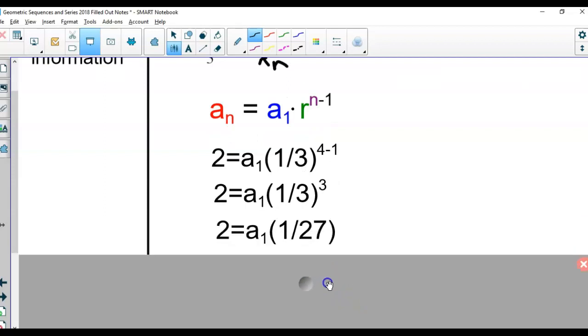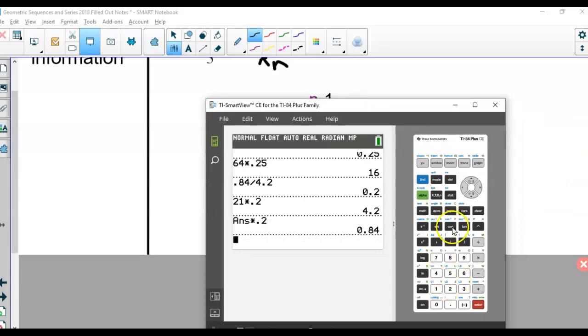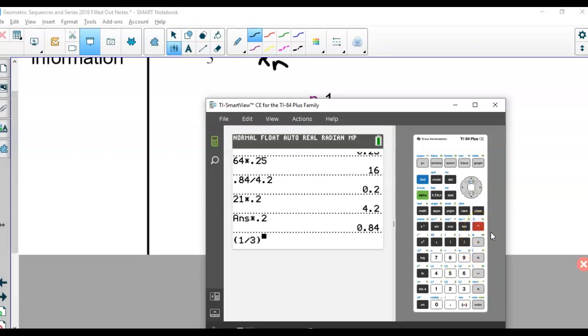Next, I'm going to simplify 1/3 to the third power. In your calculator, if you don't know how to do those third powers, let me show you here. You have 1 divided by 3, that can be your fraction. And then if you have a scientific calculator, you have a little hat right there, and you put 3 and hit enter.